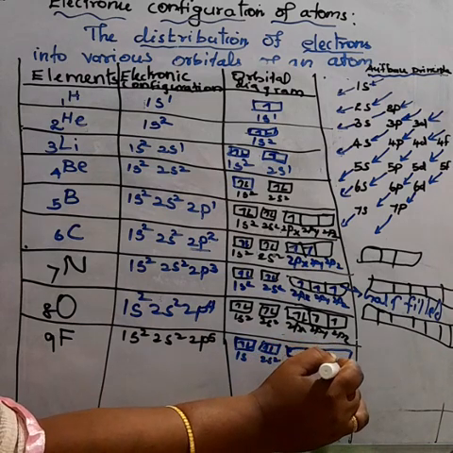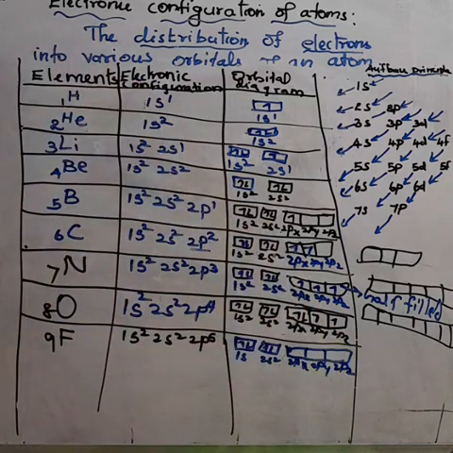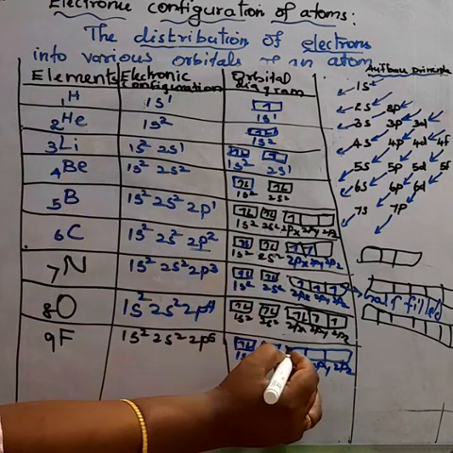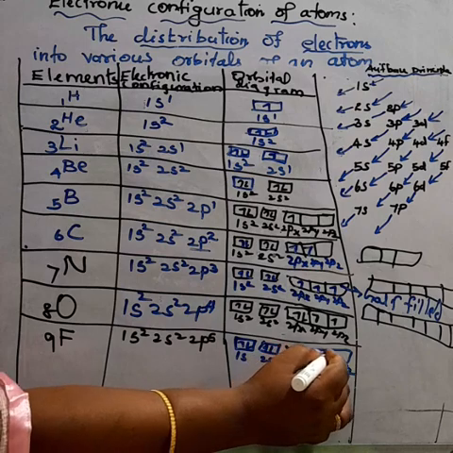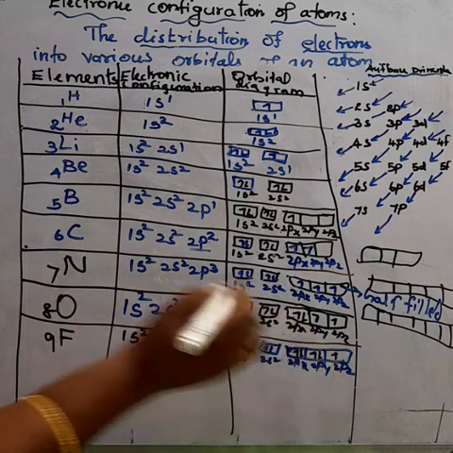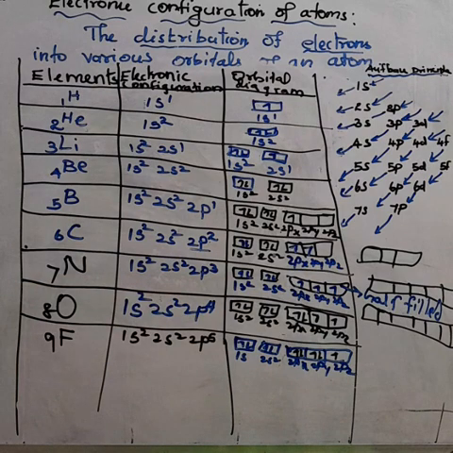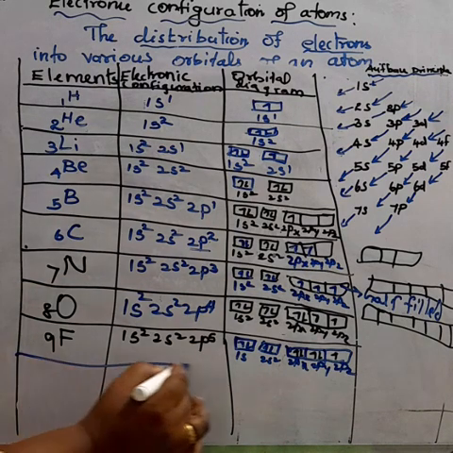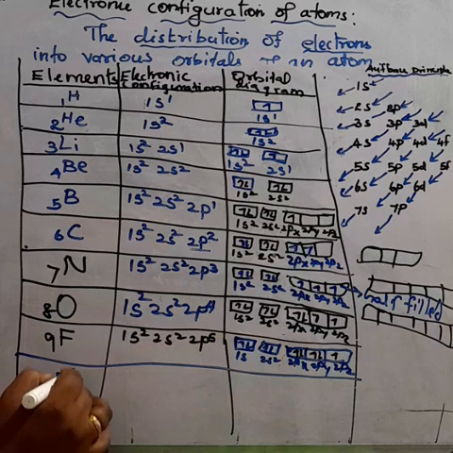How will you fill the 5 electrons? First you should fill singly, and then the remaining 2 electrons we can fill in 2px and 2py. Understood? Then neon. What is the atomic number of neon?